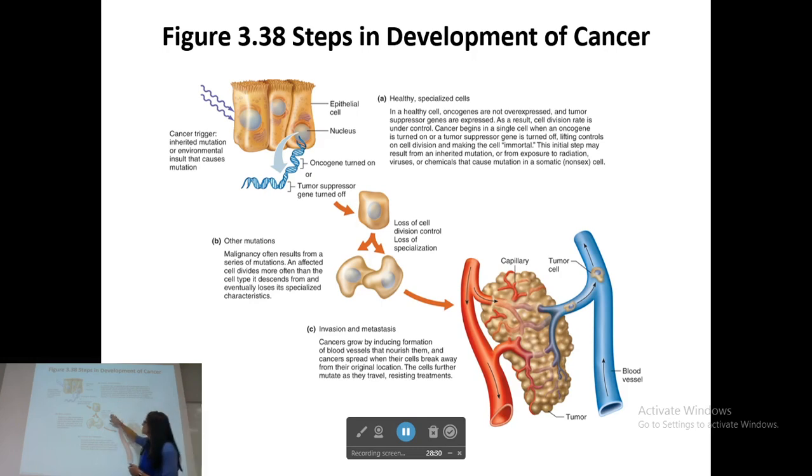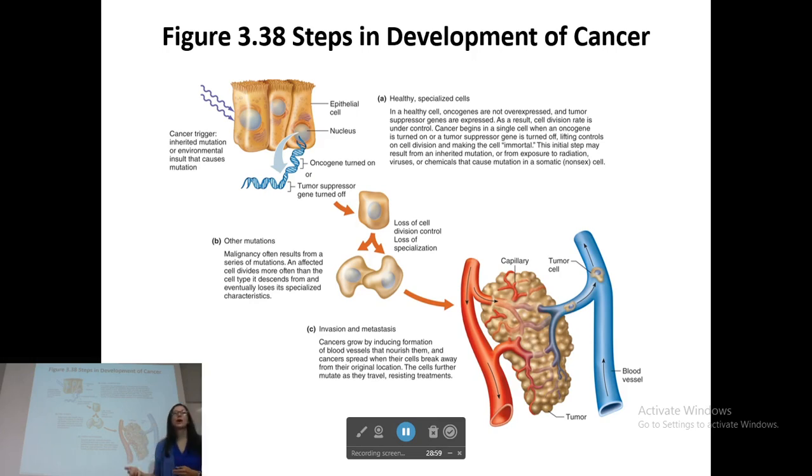All right, so loss of cell division control, loss of specialization. The cells can't work as the cells need to anymore. Mutations occur, right? So it just continues to mutate as it's dividing uncontrollably. Here we have angiogenesis occurring. So angiogenesis is when blood vessels grow to a tumor.